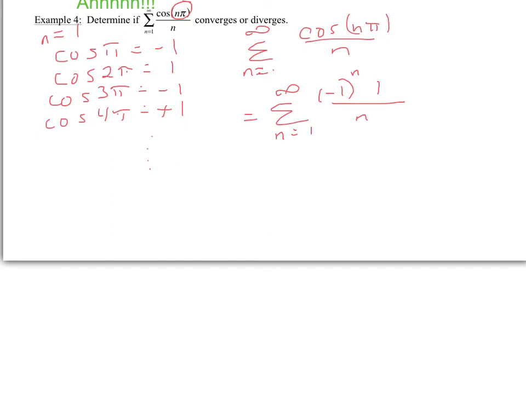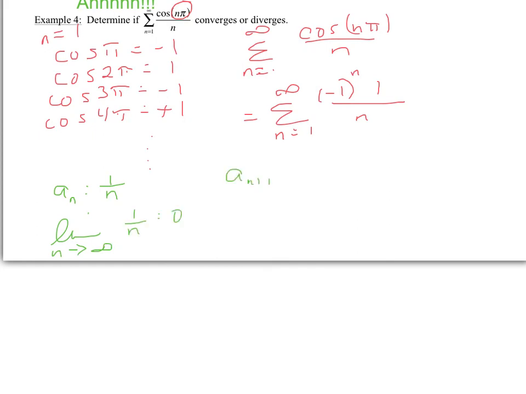And then we've already seen this series. We did it in a previous example, and so we already kind of know what's going to happen. Pretending that we hadn't done it before, just to run through it, you would let a sub n be 1 over n, and then the limit as n approaches infinity of 1 over n is 0, so that meets the requirement.